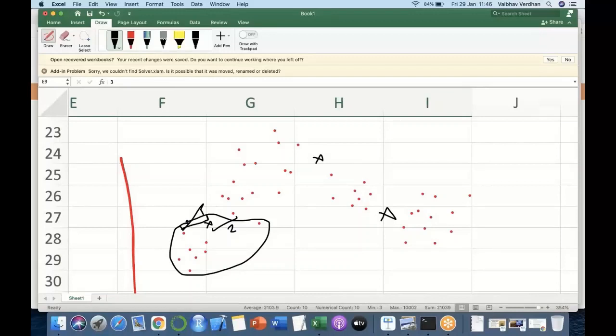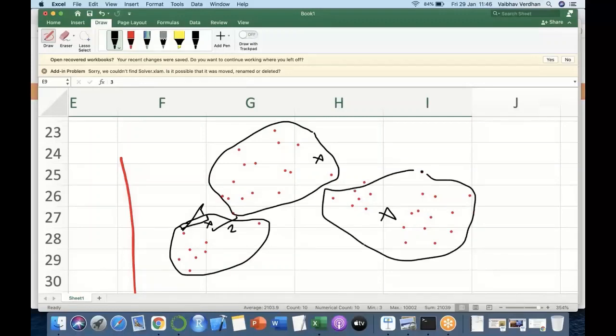Based on that, let's say all these points belong to this cluster, and all these points belong to this cluster. Then based on that, you would recalculate your centroid, and again you would group the points which are closest to this cluster.